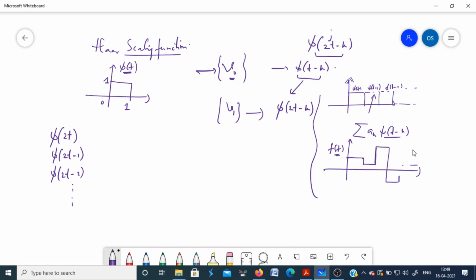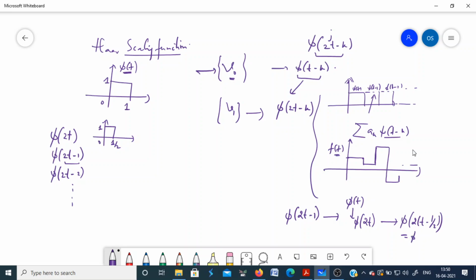So what will be phi of 2t? This is my phi t, so phi of 2t will be compressed by a factor of 2, so it will go from 0 to 1 by 2 only. Then phi of 2t minus 1, how do you generate it? You start from phi t, scale it by a factor of 2 to get phi of 2t, and then shift it by half to the right, you get phi of 2 times t minus 1 by 2.